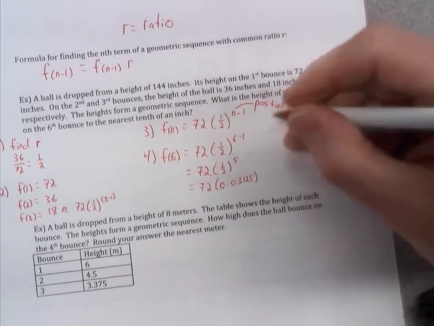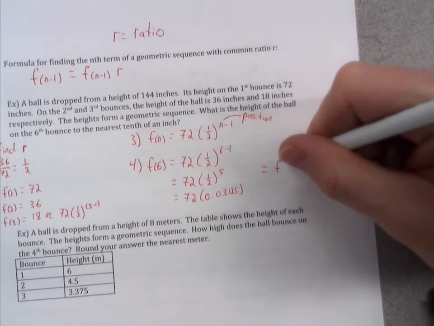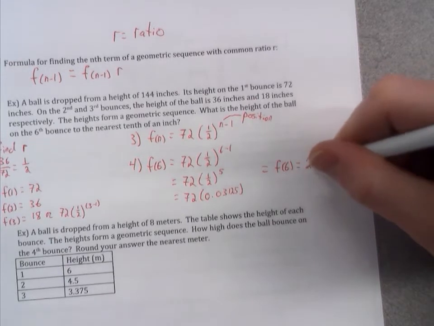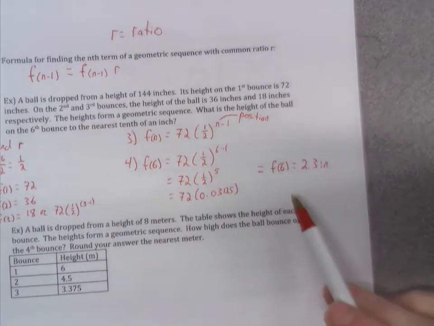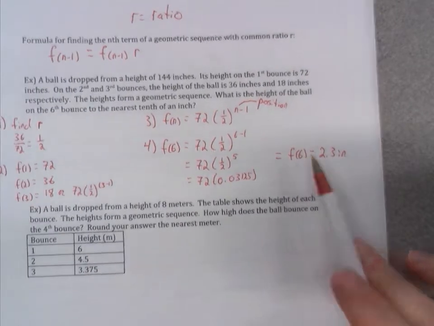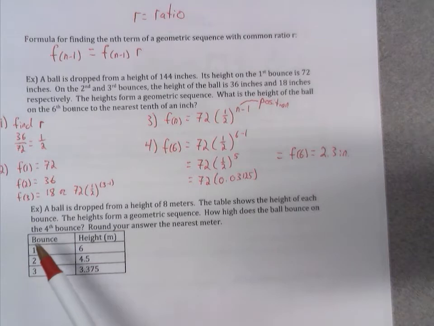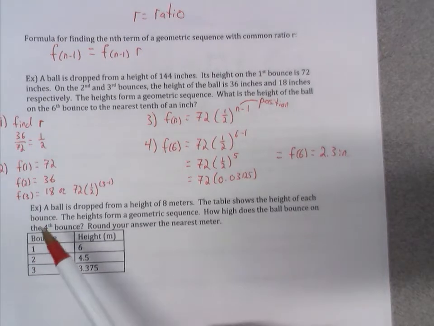If I multiply 72 by that, f of 6 equals about 2.3 inches. That's where it'll be after the sixth bounce, which makes sense. We said on the third it was at 18. The fourth bounce, it would be at 9. The fifth bounce, it'd be at 4.5, or roughly about 4.6. So we're going to be at about 2.3 on that sixth bounce.